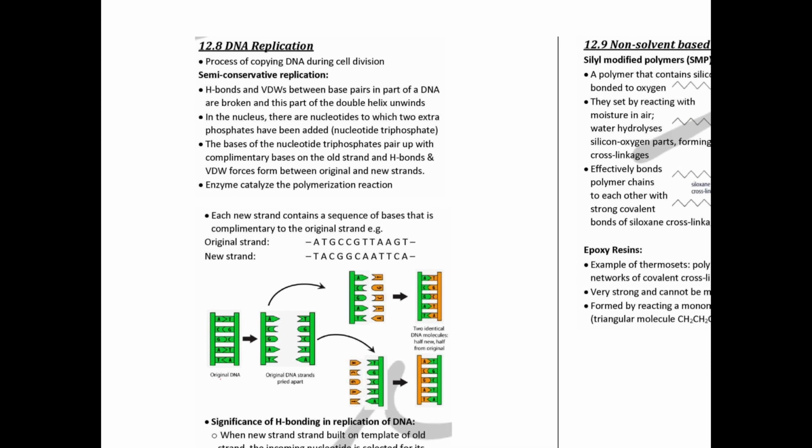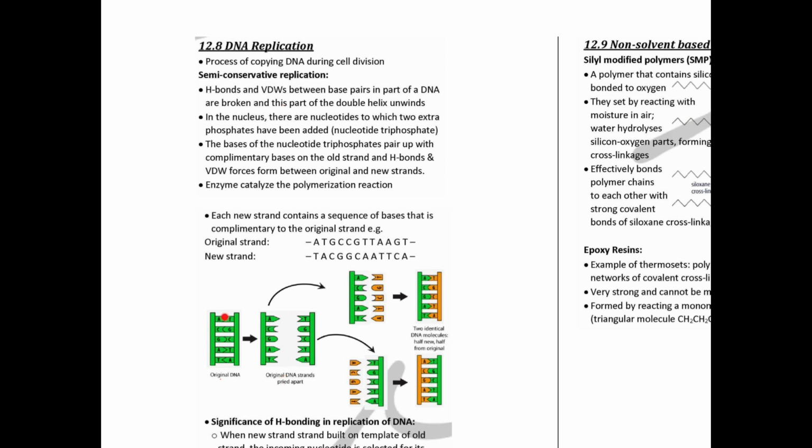Okay, here. So after looking at the picture together with the explanation, it will be easier to understand the words here. So hydrogen bonds and van der Waals forces between base pairs in parts of a DNA are broken, which is here, the breakdown.